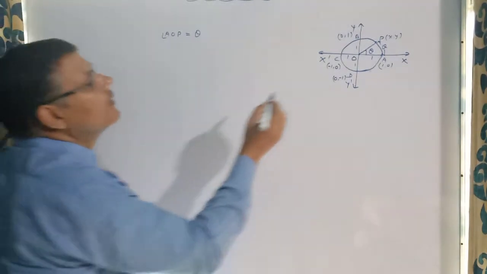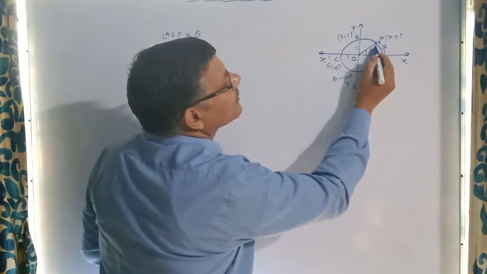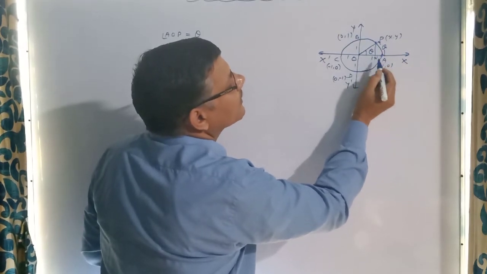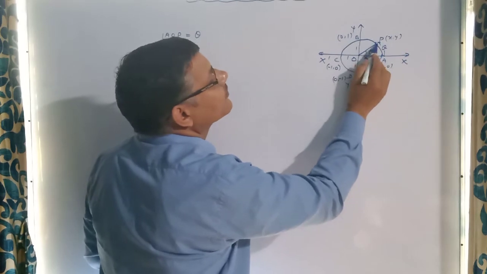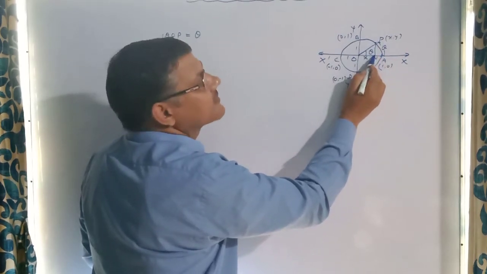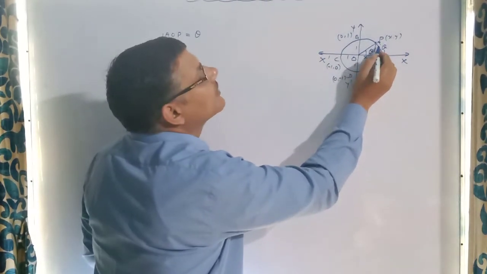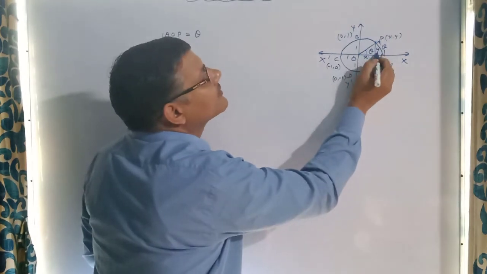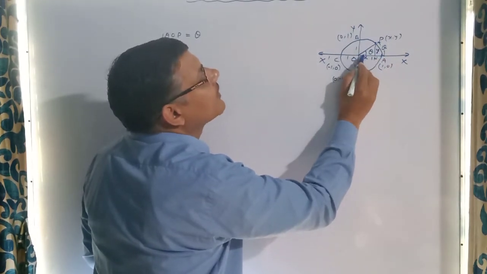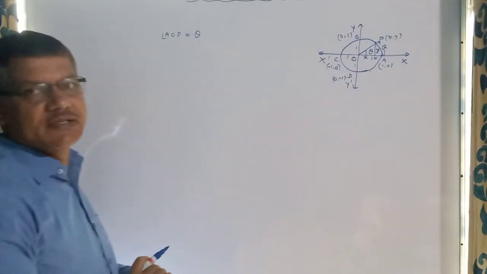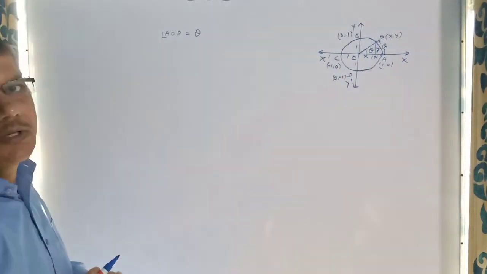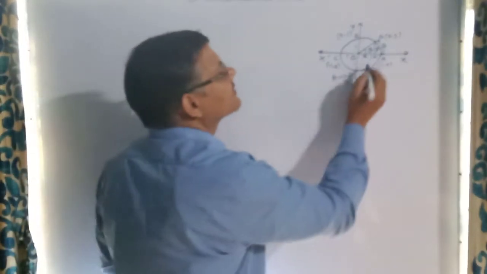From here, when we draw a perpendicular, let it be N. So this distance is what? It is y, since it is the perpendicular distance from the x-axis. And this is x, the perpendicular distance of the point from the y-axis. So the perpendicular PN to the x-axis is drawn.